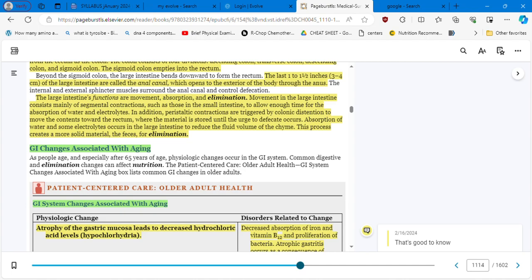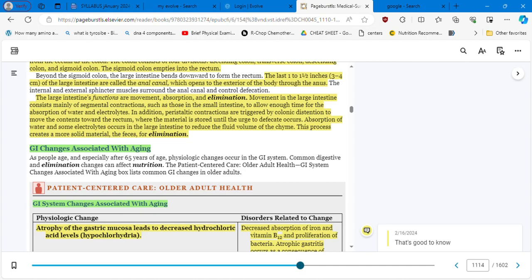Movement in the large intestine consists mainly of segmental contractions, such as those in the small intestine, to allow enough time for the absorption of water and electrolytes, basically fluids, right? In addition, peristaltic contractions are triggered by colonic distension to move the contents toward the rectum.